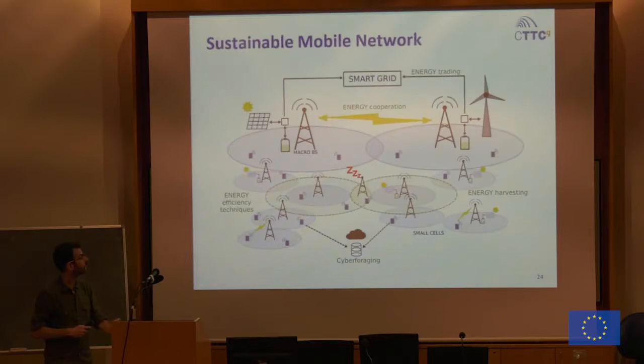In fact, thanks to Angel and Nicola for this picture, we can include energy efficiency within this big picture of what I've described. If I want self-sustainability of a given portion of the network, for example a microgrid with some small cells in the coverage area of this microgrid, for sure I have to start with some energy efficient techniques in order to reduce the power consumption of the network.